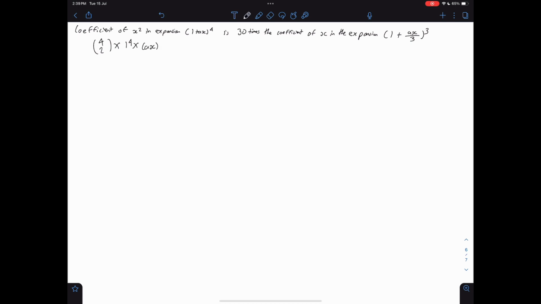We can first figure out which one is going to be the x squared coefficient. It's lucky that only one of them is in terms of x. So we instantly know we're going to have to raise it to the second power, so do 4 choose 2. And for the other one, we know we're just going to have to raise ax over 3 to the power of 1.